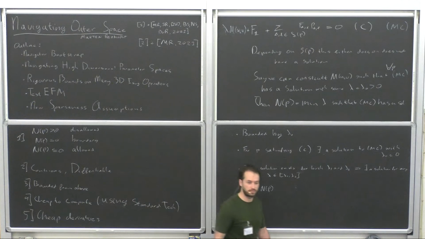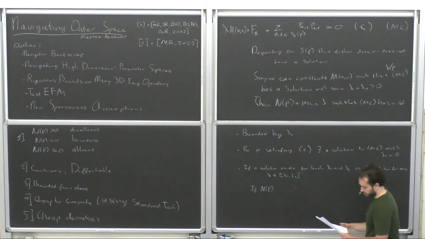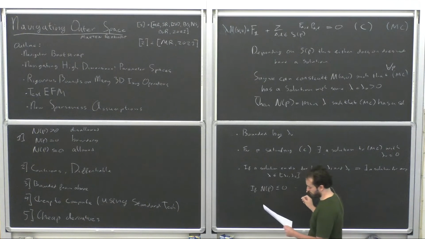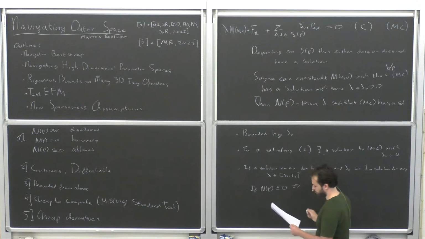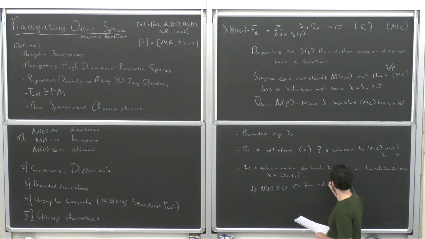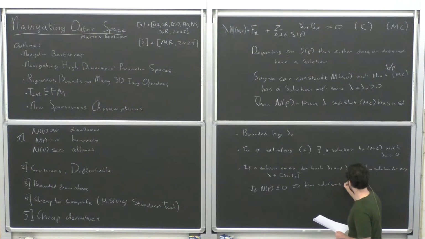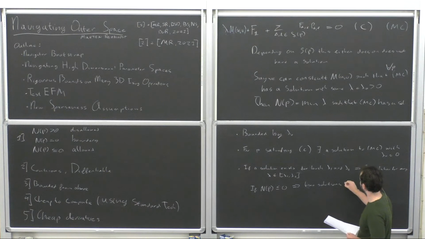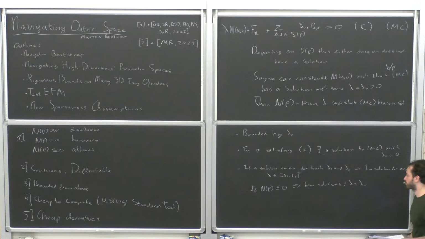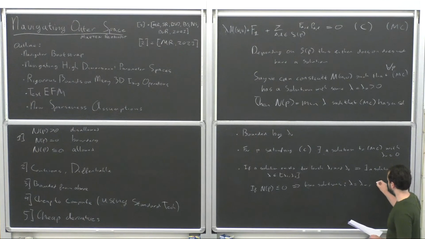That is, that it's positive in the disallowed region. And you can show this by looking at what happens if the function is smaller than 0 somewhere. Well, that means that there are two solutions: the one with lambda equals the function value, which is negative or 0, and also lambda equals lambda 0.